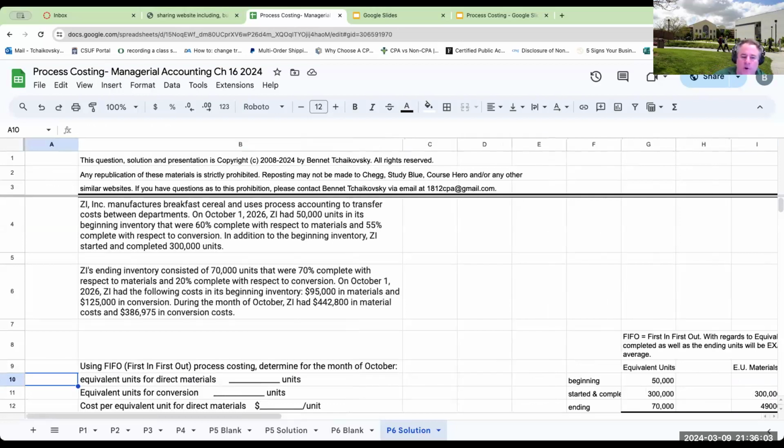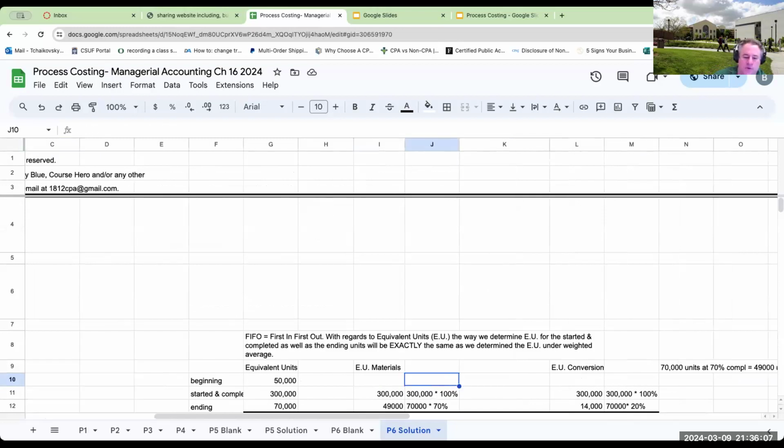Well, if they were already 60% complete, that means over here, 50,000 times 40%. That's what we're going through and doing here. This is what we need to do to make them 100% complete.